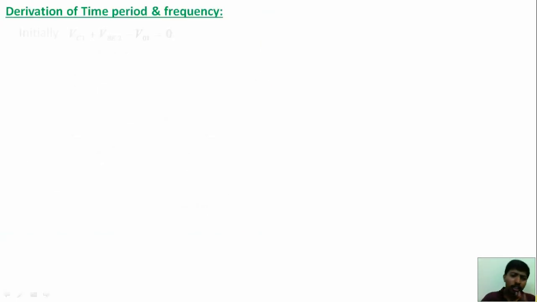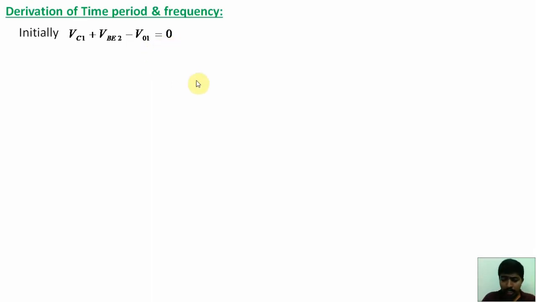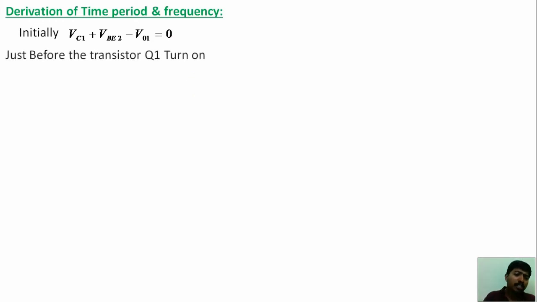Initially we know that VC1 plus VB2 minus V01 is equal to 0 by the operation. Just before transistor Q1 turns on, the voltage V01 will be VCC because it is turned off. So V01 will be VCC.